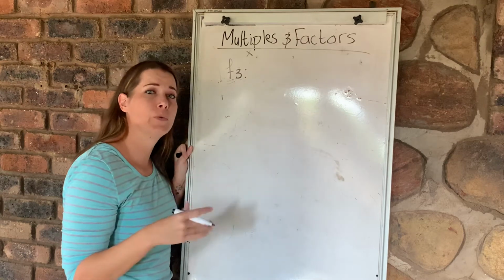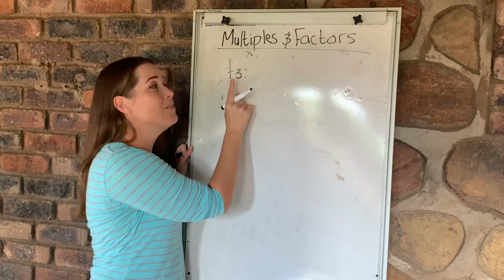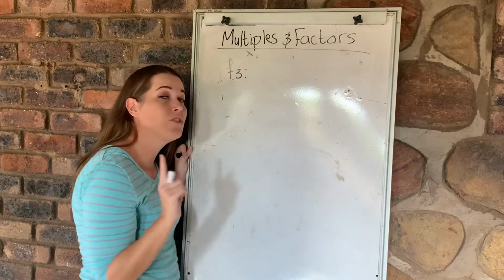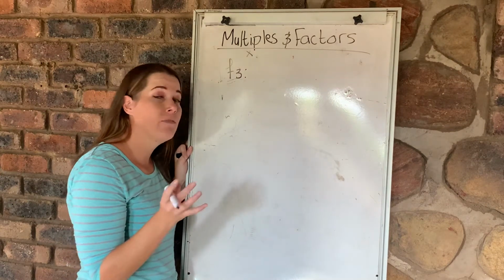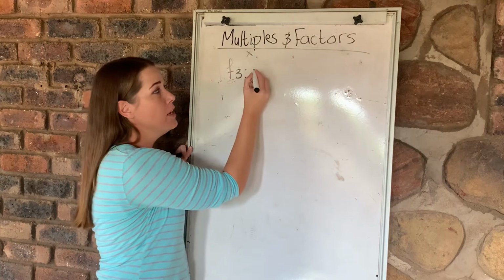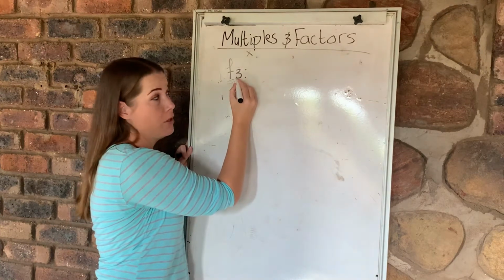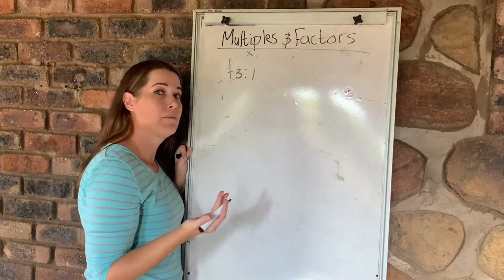Now, factors always work in pairs. So we always see what numbers can divide into this number without a remainder. So we will always start with 1, because 1 can divide into all numbers without a remainder. So 3 is our number we're working with. So number 1 can divide into 3 without a remainder.